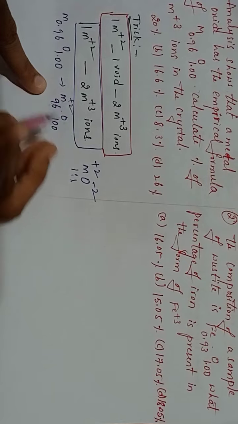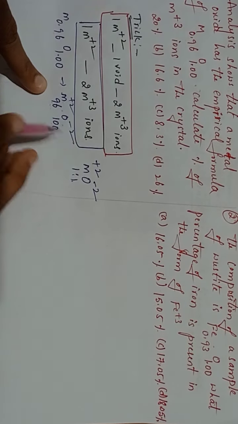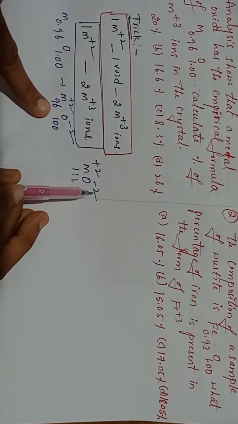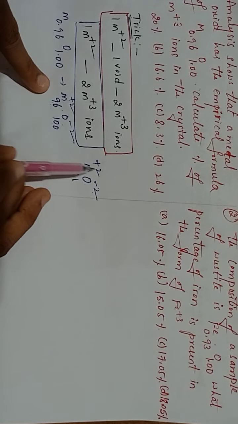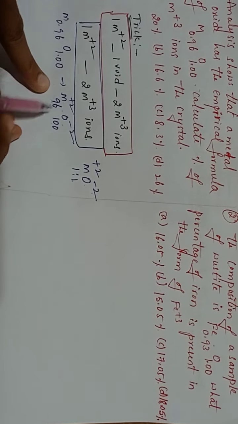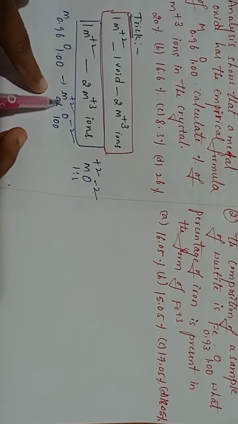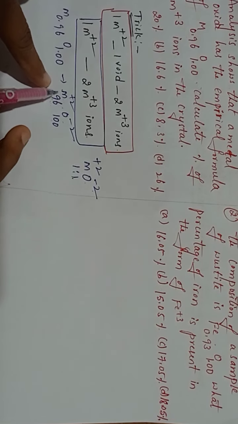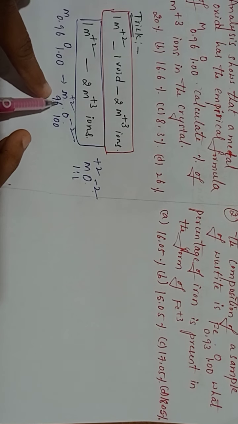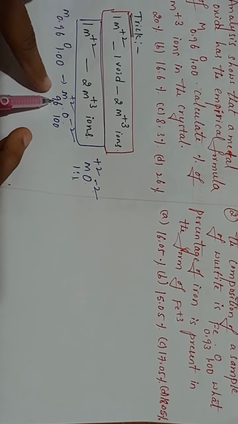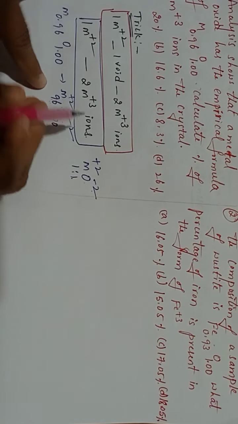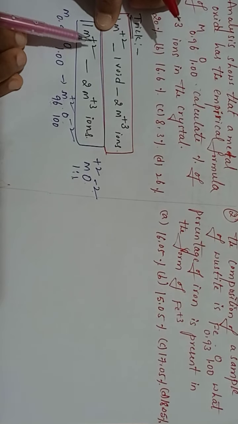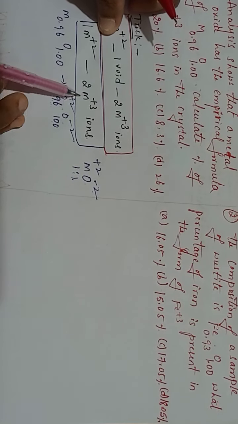What is the oxidation state here? M +2, O -2, because oxygen is showing -2 and metal is showing +2. Now total how many metal ions are lost? Four ions are lost, that means 4 ions are deficient. So that's why, one metal ion, 1 M plus 2 ion creates 2 M plus 3 ions.